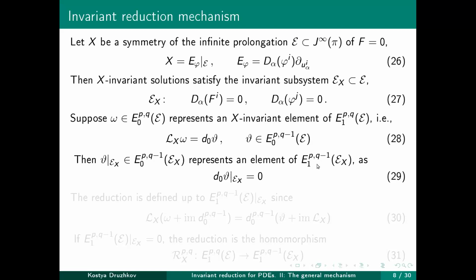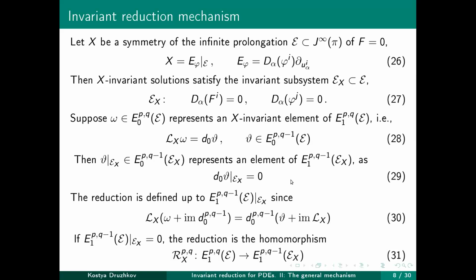So in terms of the Vinogradov spectral sequence, the reduction mechanism reduces the horizontal degree by 1 precisely. So it's a different reduction mechanism, relative to the standard one, when we just pull back the Vinogradov spectral sequence using the embedding of the subsystem into the system, because this pullback doesn't reduce any degree, and this reduction mechanism reduces the horizontal degree by 1.